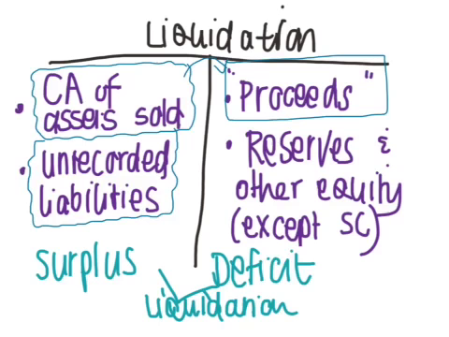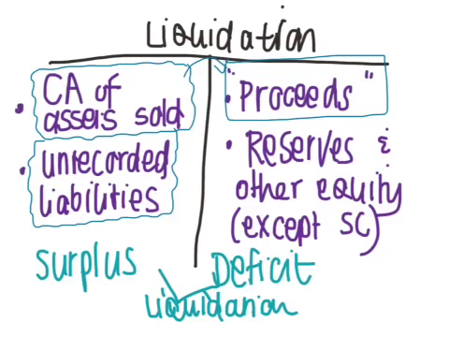By the time that we've closed off the asset accounts, recorded any unrecorded liabilities, closed off the reserve and other equity accounts, and recorded the proceeds from realizing any assets, we can then calculate whether we have a surplus as a result of the liquidation or whether there's a deficit on liquidation which has to be borne by the shareholders.